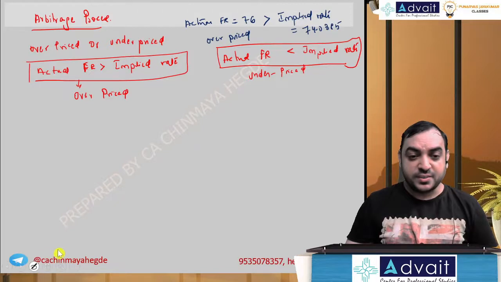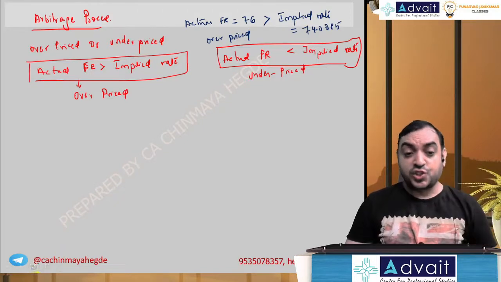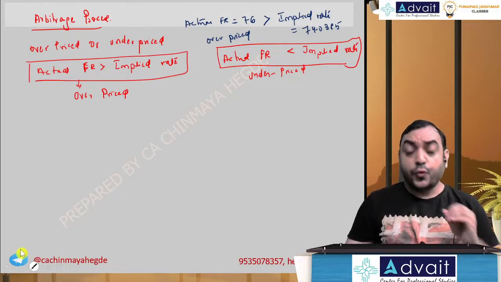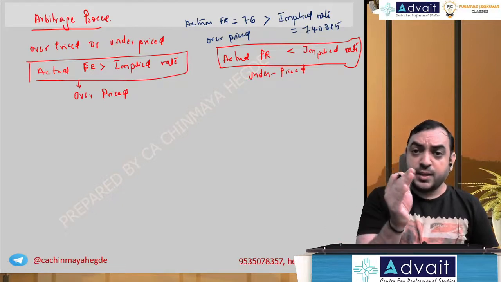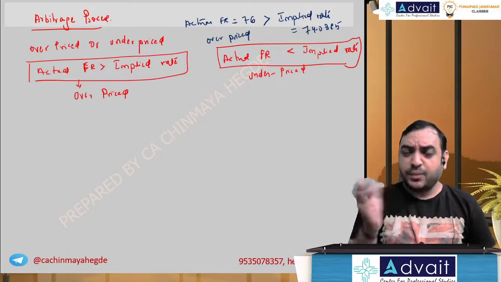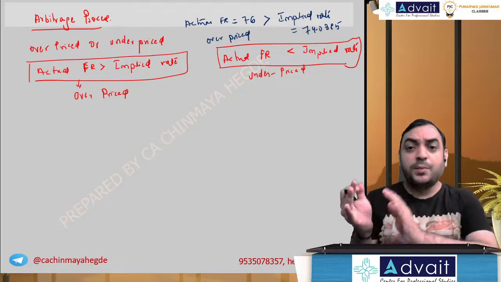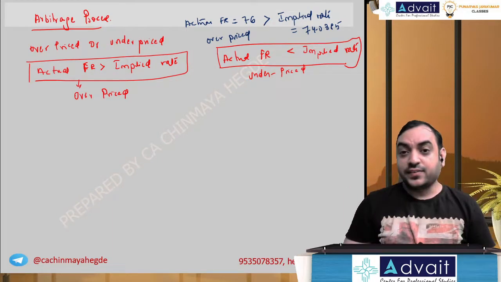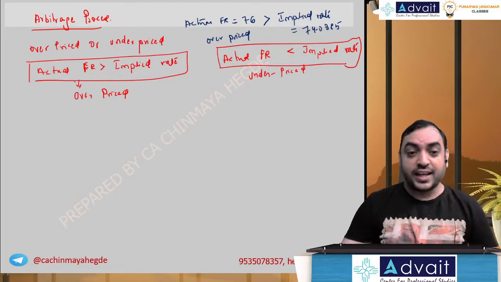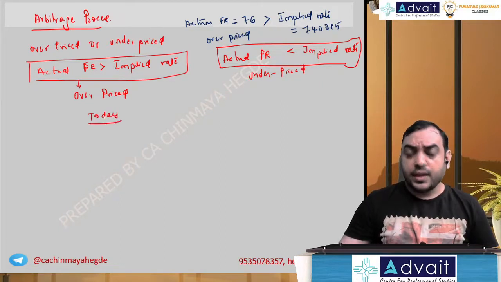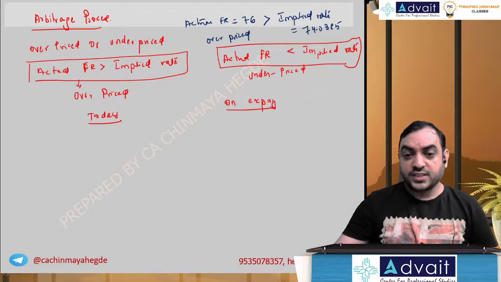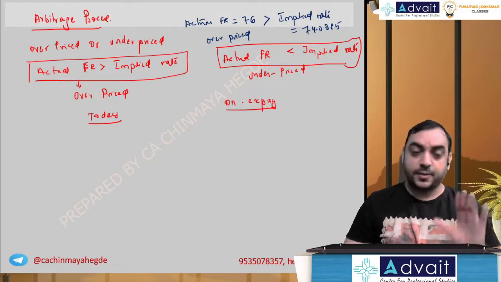The format is very simple, like a P&L or balance sheet. In a P&L, what headings do we have? Income and expenses, debit, credit. On the balance sheet, we'll have assets and liabilities. So I'm going to write the format like this: what transactions you carry out today, and what transactions you carry out on expiry, on settlement, on the due date, later.